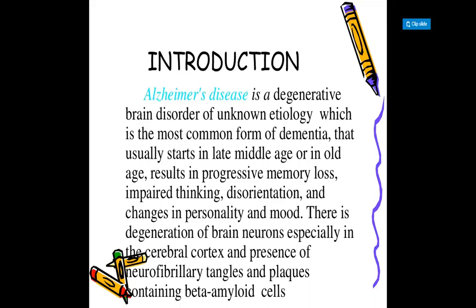Means there will be degeneration of brain neurons in the cerebral cortex, which creates plaque formation, and the plaque contains beta amyloid cells.